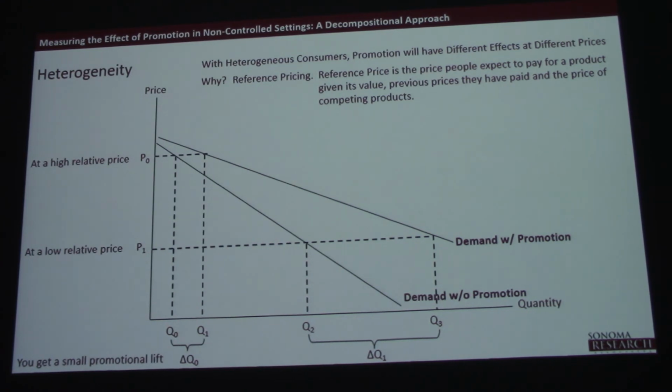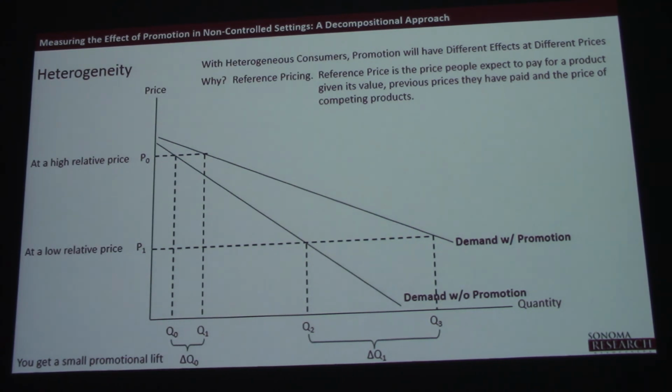What this means is that because there's heterogeneity amongst consumers, and because promotion is going to have different effect at different prices, what you can do, and what I do in the paper, is find some optimal price promotion combination. What price is going to maximize my promotional efforts?